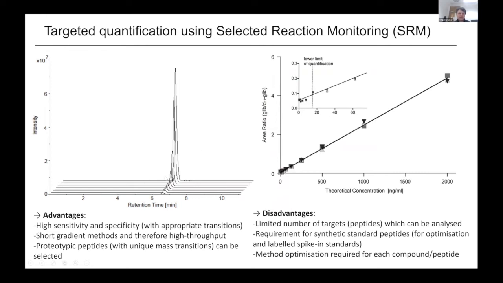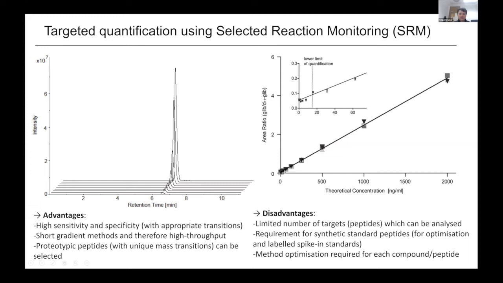Essentially what that shows is that when we have a dilution of a set of standards of this particular molecule, in a highly specific transition we can build a calibration curve. On that calibration curve, we can identify a number of things, such as the linear range of quantification and the limit of quantification, and we can demonstrate that we're now able to detect this particular analyte with increased sensitivity. Now, when we apply this approach to proteomics, we need to be sure that the transitions that we monitor are actually specific to those peptides only.